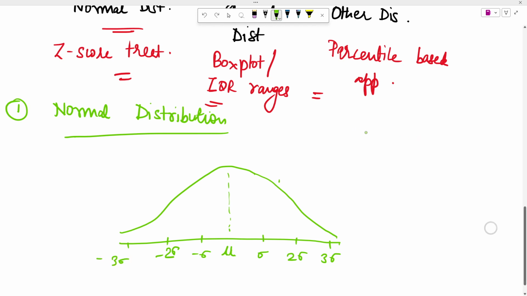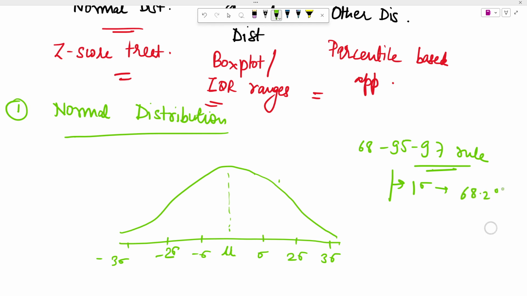You should know there is a 68, 95, 99.7 rule which exists. What this rule says is that within one standard deviation, 68.2% of the data falls. Within two standard deviations, around 95% of the data falls.